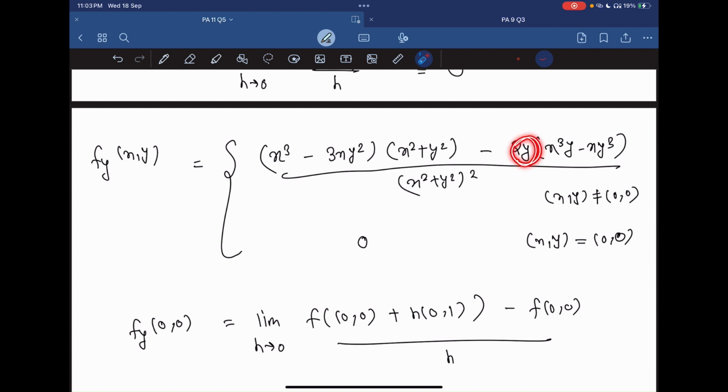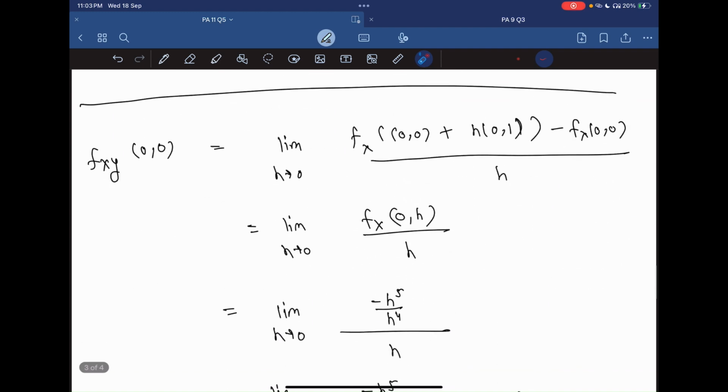As the y value is 0, again these terms would vanish and become 0. So you are left with x cube times x square. As the x value is h, it would become h power 5 divided by h power 4, divided by h.